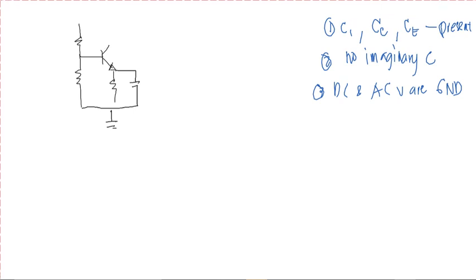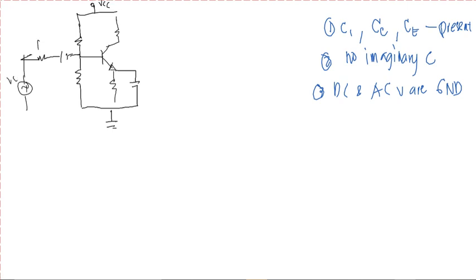Okay, so we have your resistor here, we have your VCC, we have your coupling capacitor, and we have your RS. We have the source here, VI.